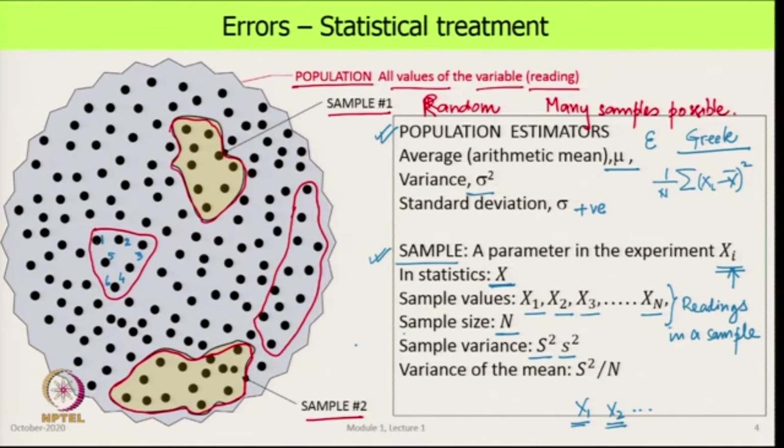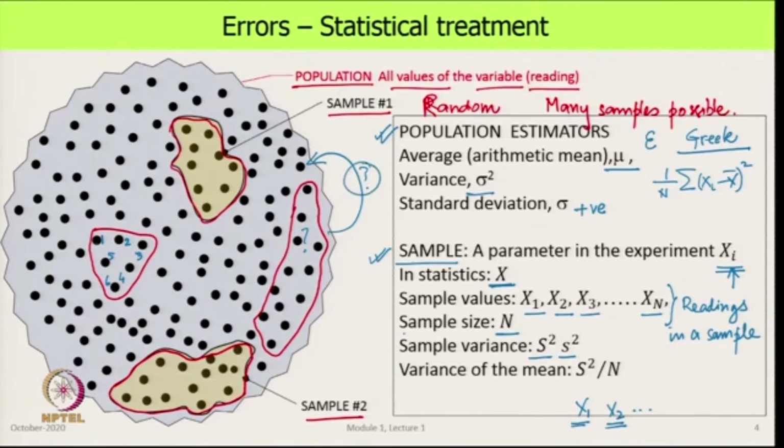But what we have said here is that we have a population, all the readings are not there, so we can't work with the population. We pick a certain set of readings, call that a sample and start doing statistics on that, and our objective is that knowing what is there in this, can I predict what is there in the population?